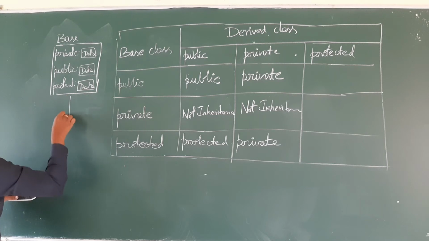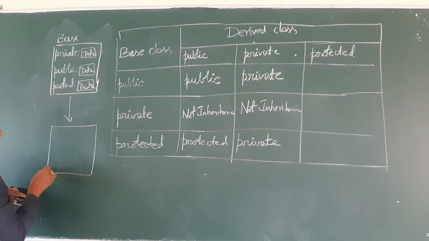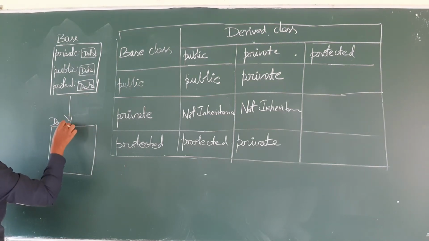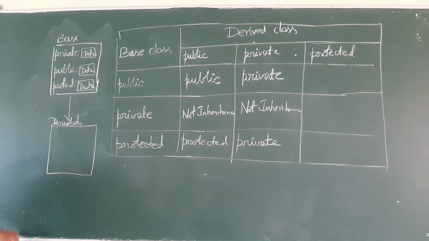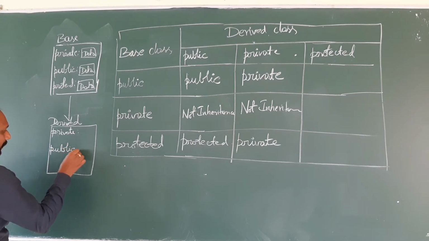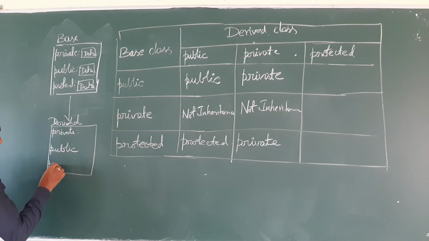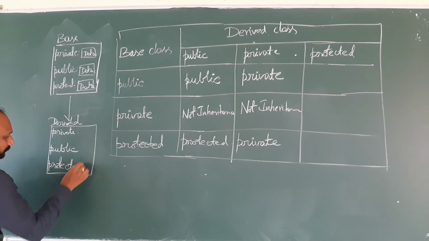What happens if I derive a new class, the derived class? Here also in the derived class, let us say there are 3 access specifiers: private, public, followed by protected.